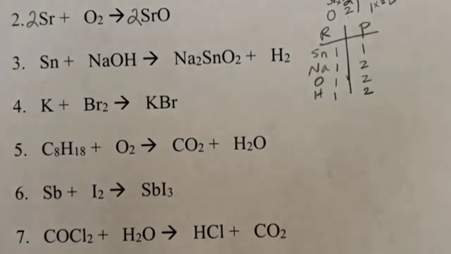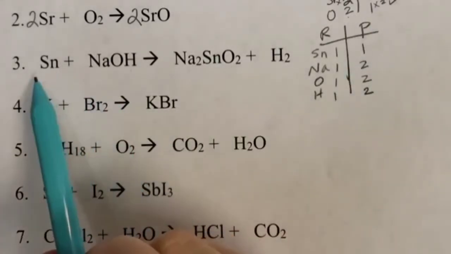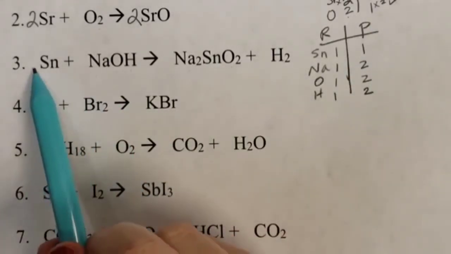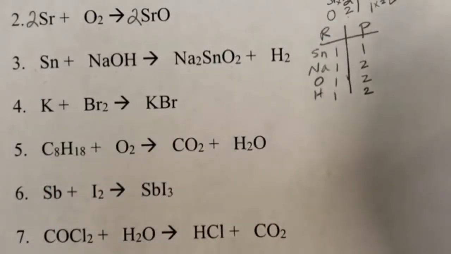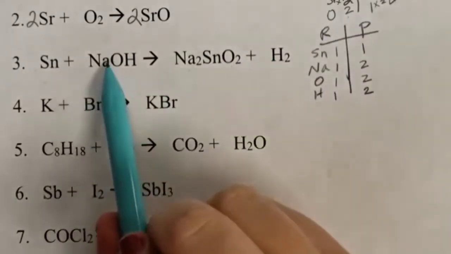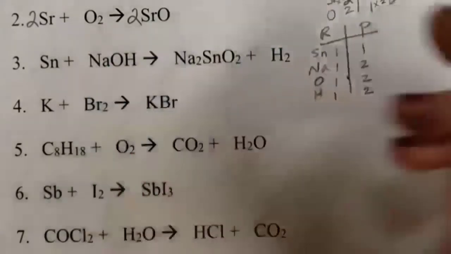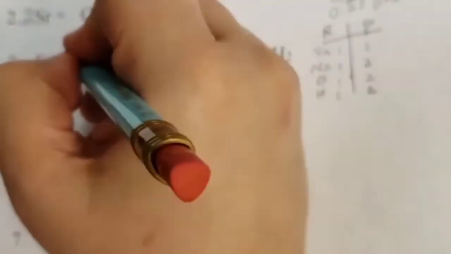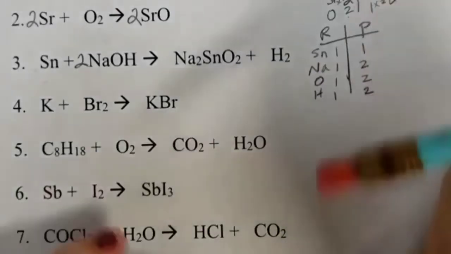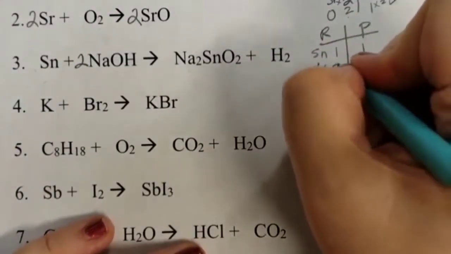Okay, this is very not balanced, so let's get to work. Remember, easy ones first. Which one is the easiest? Probably tin. Oh, that's already balanced. Well, let's go to the next easiest one, sodium. We have 2 on this side, 2 on this side. So if you put a 2 here, that makes this 2.